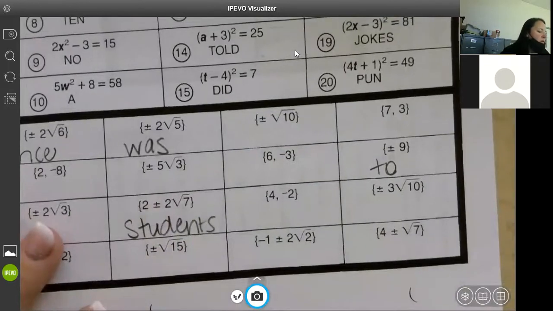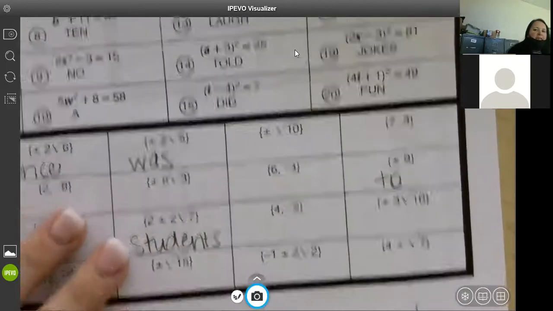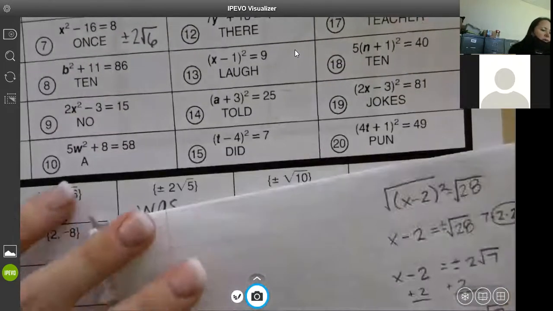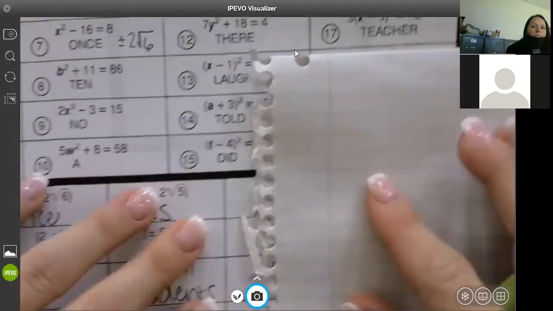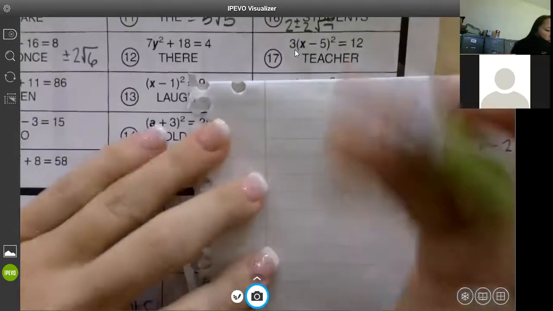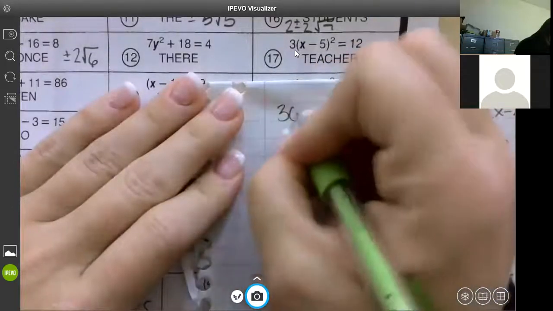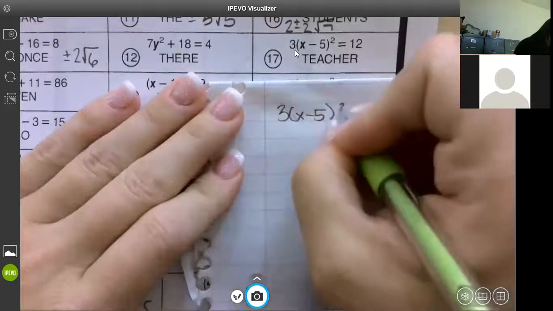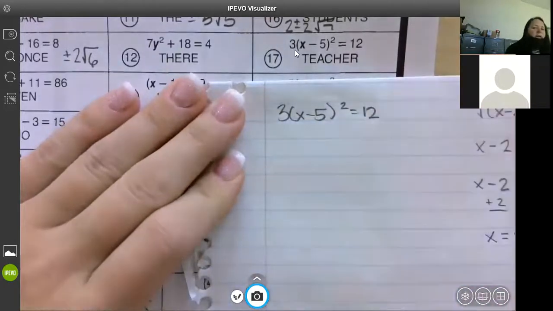I know I told you the whole row or whatever, but look at 17. We're probably going to do a couple more than just that one. Okay, so here's 17. 3 times (x minus 5) squared equals 12.